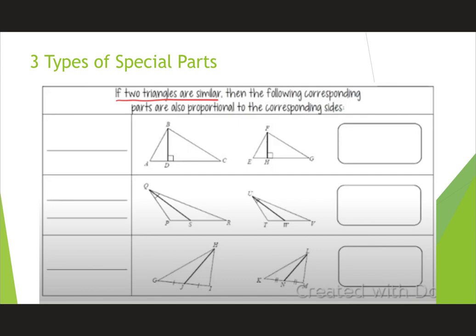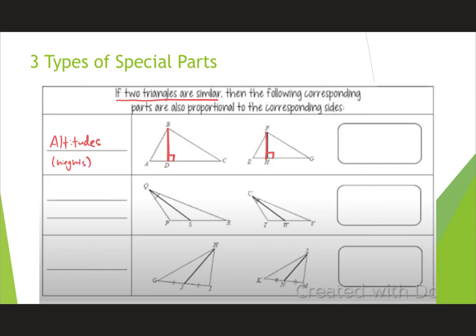So this first one up is altitudes. Hopefully we know what altitudes are. They come from a vertex and are perpendicular to the opposite side. These are also known as heights.